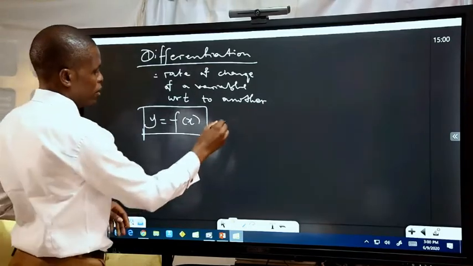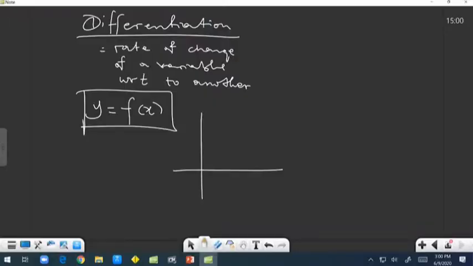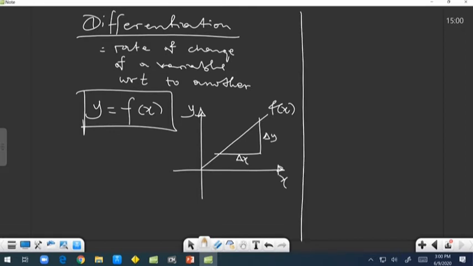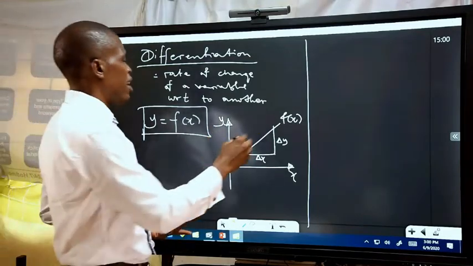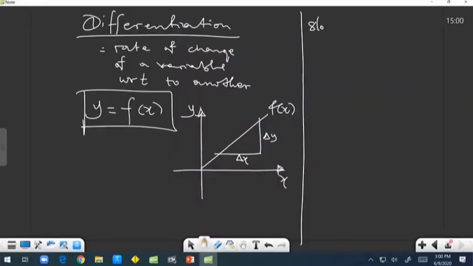And therefore, if that is a function, let's say it's a straight line. For example, here is your y-axis, and here is your x-axis. The function is this, represented as f of x. The slope of this is delta y divided by delta x. That means we can get the slope of this straight line graph by using slope is equal to delta y divided by delta x.